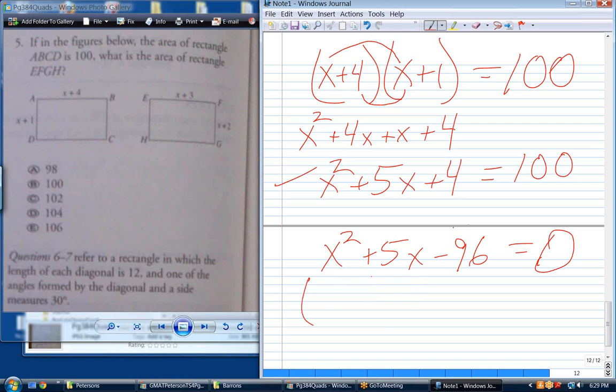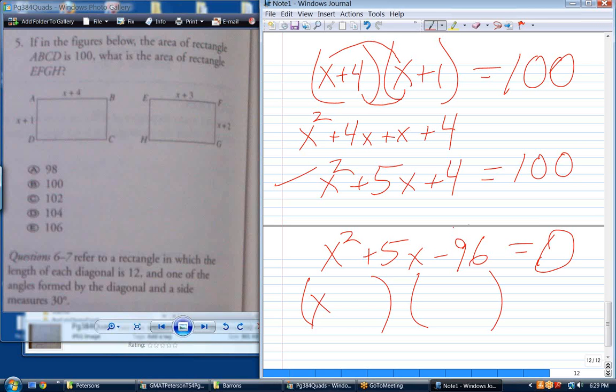Now I can factor this. Well, once I factor it, I solve for x. It's not easy to factor, because 96 is a really big number. We need two factors of 96 that subtract to the number 5. Let's see, what is that? 16 and 6.